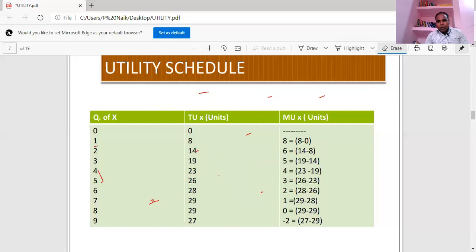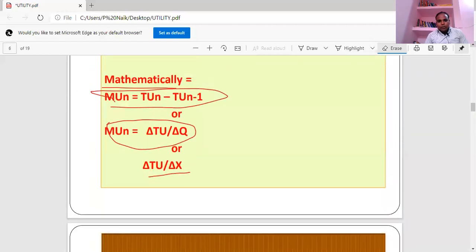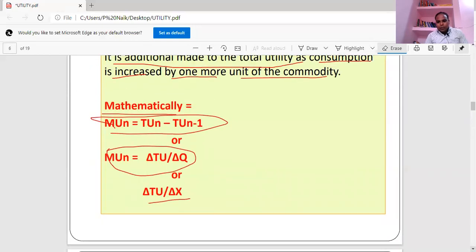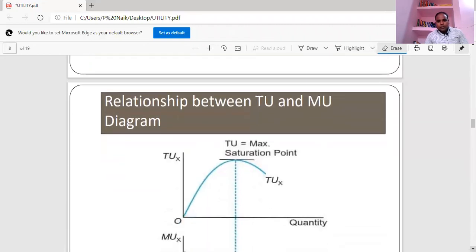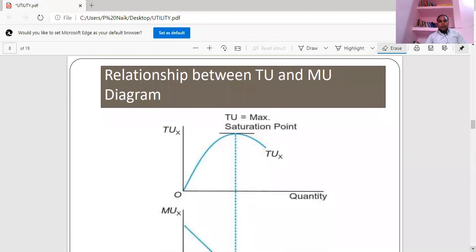For the formula, we have already discussed it. Now we'll move to the next topic: the relationship between total utility and marginal utility, curve or diagram.